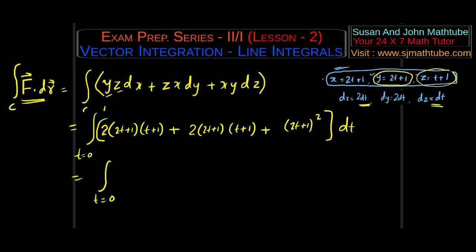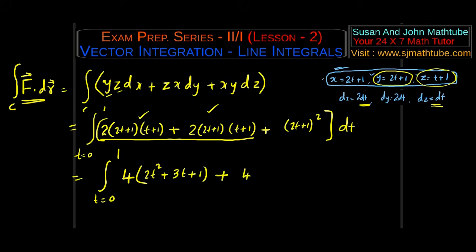So the integral from t equal to 0 to 1, this is going to get 4, because a plus a is equal to 2a. So you're just going to get the double of this part. And let's simplify this, distribute this. So 2t square plus 2t plus t, that will be 3t plus 1, plus 4t square plus 4t plus 1, dt.